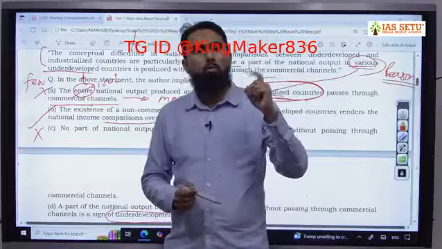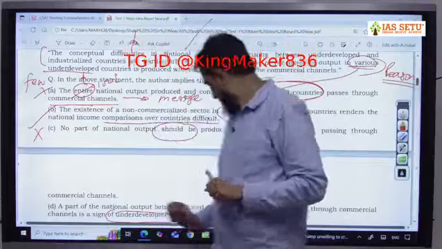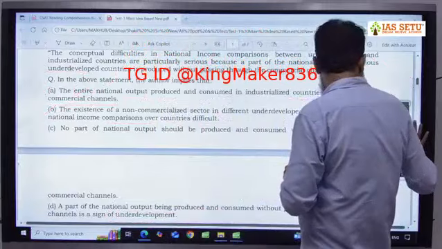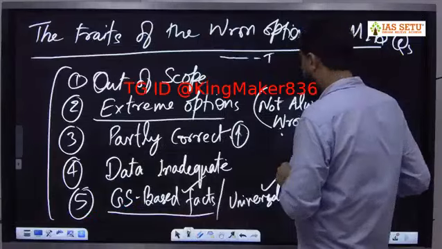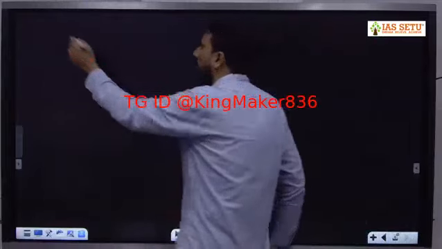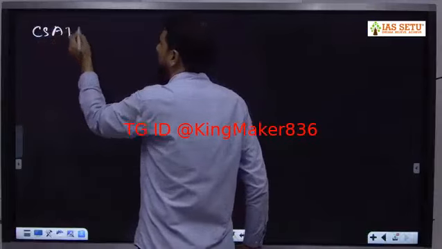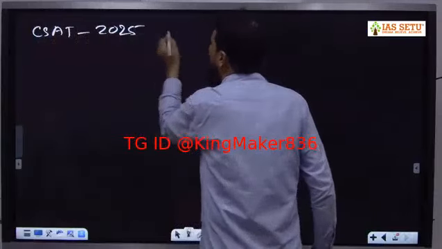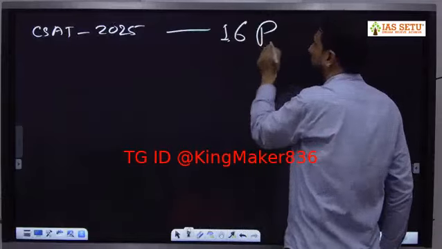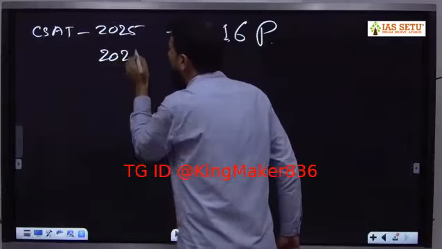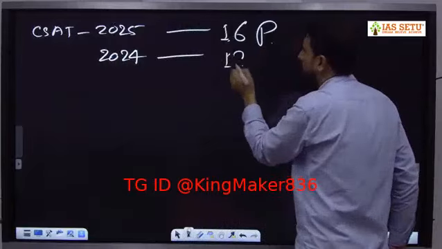One thing you have to work upon is, you know how many passages are given in the CSAT paper? ये इस साल आया. This year in CSAT 2025, dear इस बार इन्होंने 16 passages दे दिए. In 2024, they gave 18 passages.